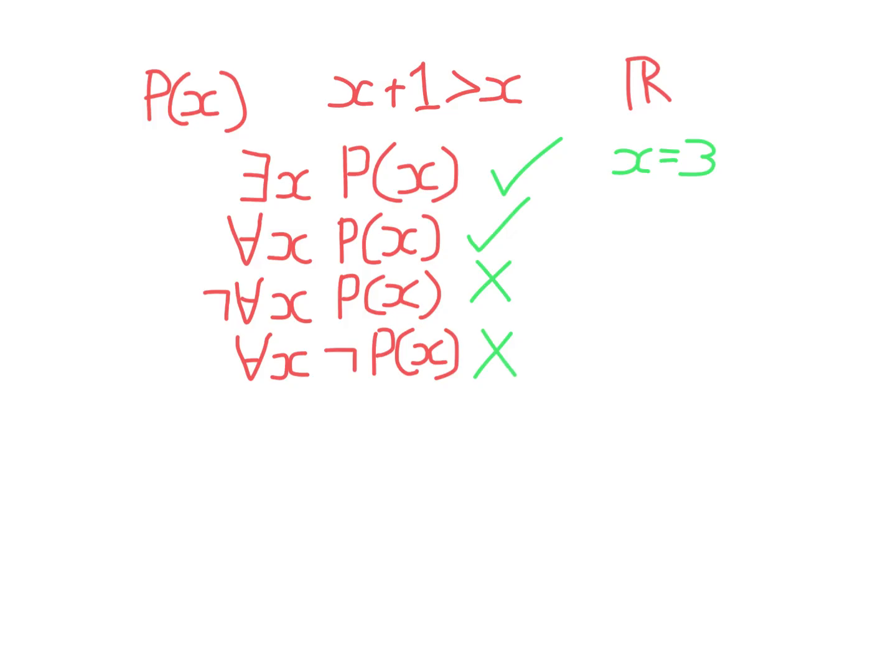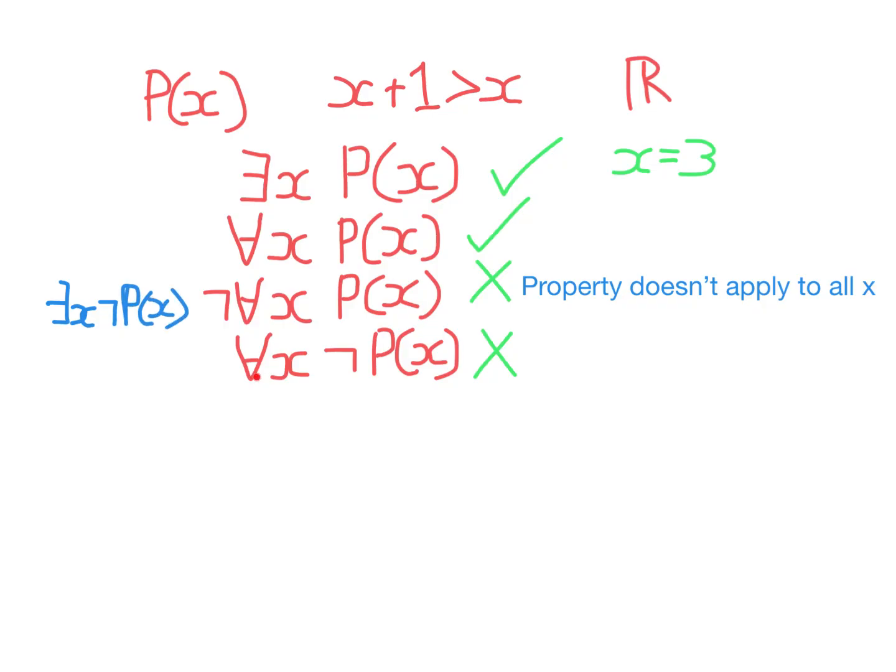Now, I wanted to highlight these two examples because a lot of people think that they are saying exactly the same thing. They're not. This one is just saying the property does not apply to all values of x. So this statement would actually be logically equivalent to the statement that there is at least one x, at least one real number, such that the property does not apply.